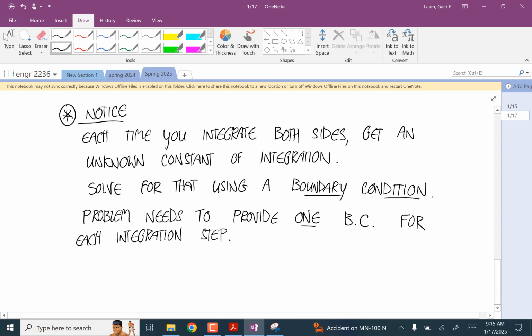Yes? Is it usually going to be in the form of initial conditions? I don't know about usually, sometimes, but you can solve it the same way in any case. So I'll give some examples. The first one I have is an initial condition, but it's just a matter of what the value of the independent variable is.